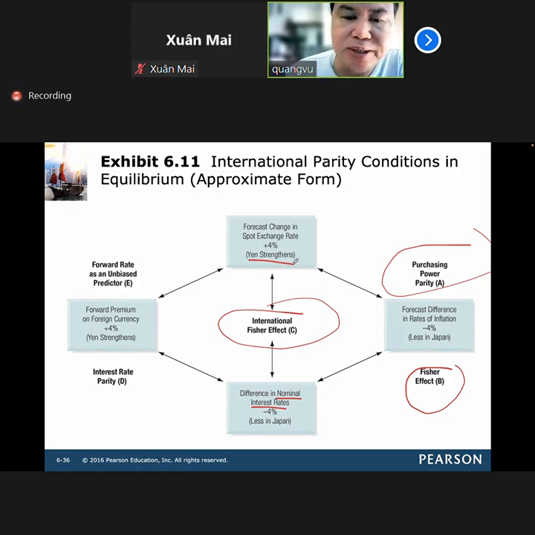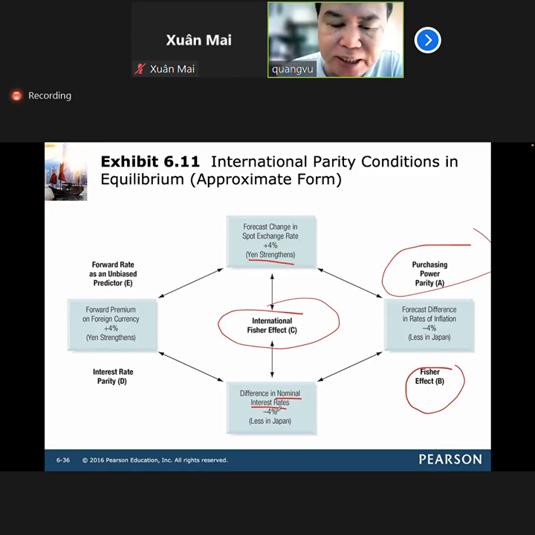Why does the yen strengthen? Because the nominal rate in Japan is lower than the nominal rate in the United States, the yen must appreciate in value by approximately 4%. Or let me put this another way.